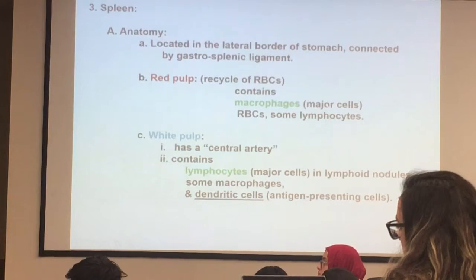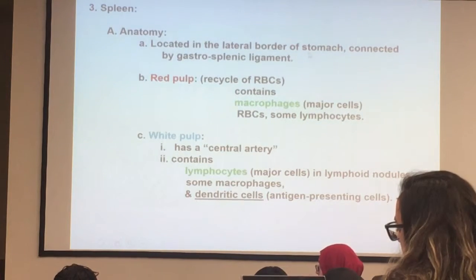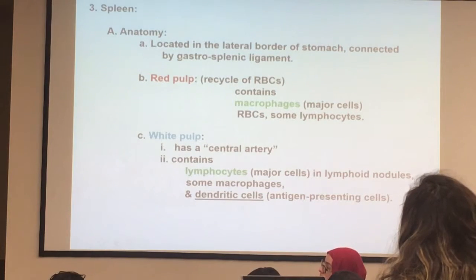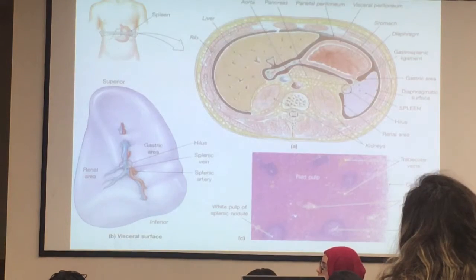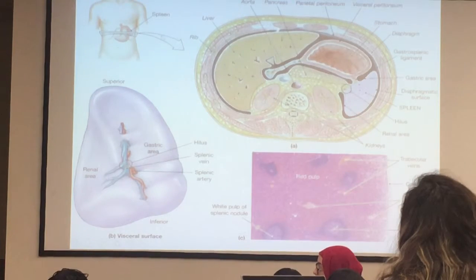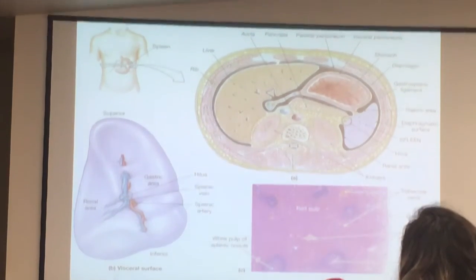The next one, the third one, we go to the organ, the spleen. The spleen is located on the left side, a little bit to the left side of the stomach. It connects to the stomach by a ligament called the gastrosplenic ligament. Take a look at this. That's the stomach.